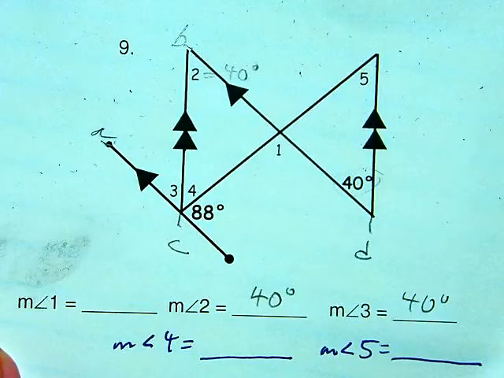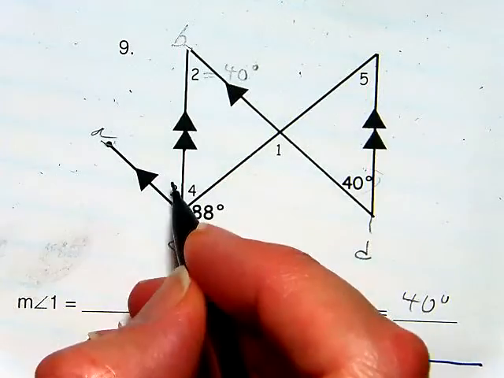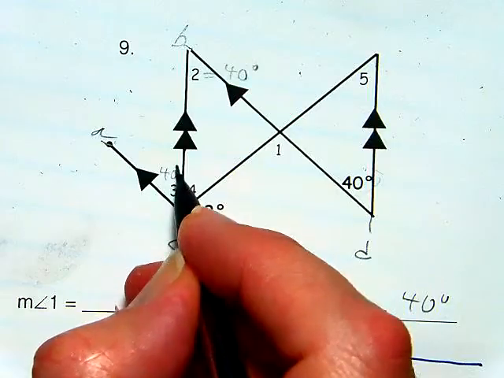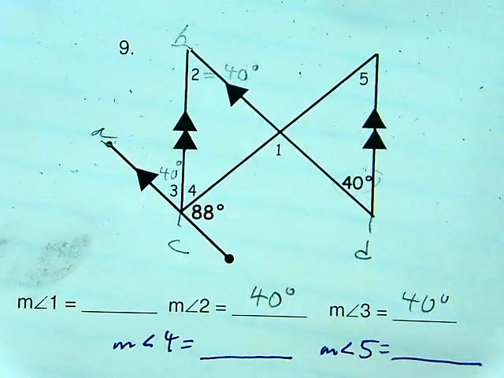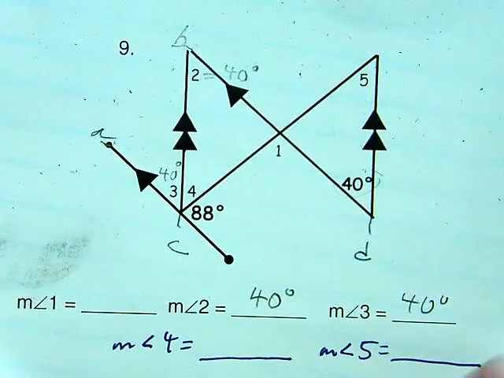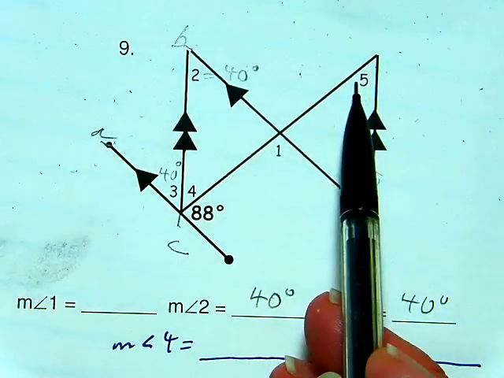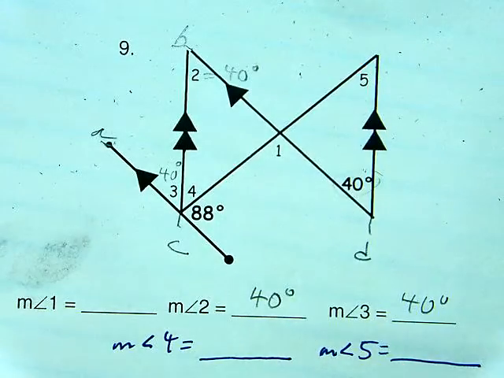So take a moment and see whether or not you can come up with any other relationships. So now we can write in angle 3 is 40 degrees over here. We know 2 of our angles, but we still have to figure out angle 5, angle 1, and angle 4. Can we figure out any of them?